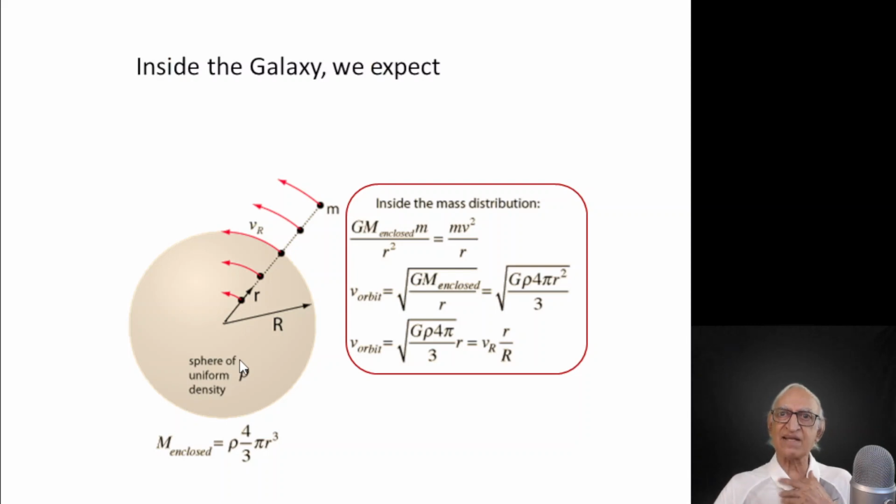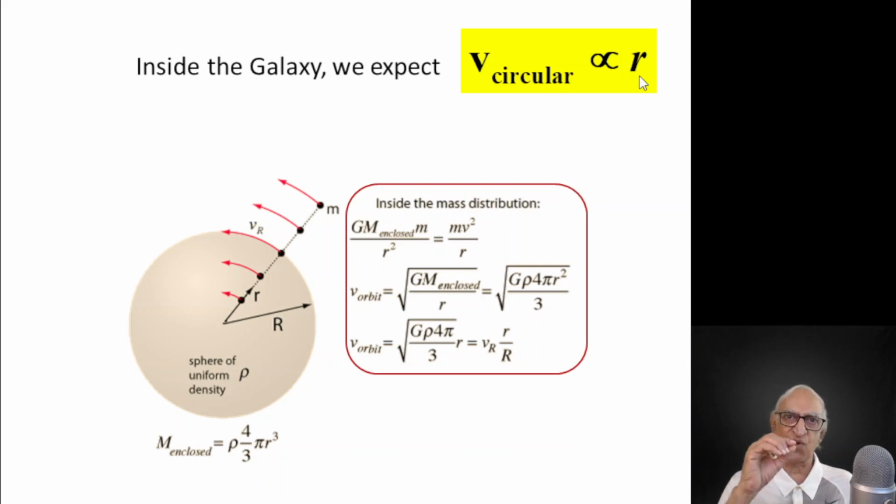Therefore, inside the galaxy, considered here to be of uniform density for simplicity, you expect the circular velocity to be proportional to r. In other words, as you go from the center of the galaxy outwards, the circular velocity will increase linearly. I hope that is clear.